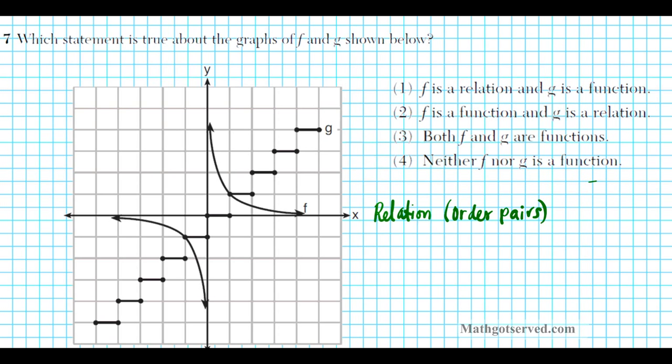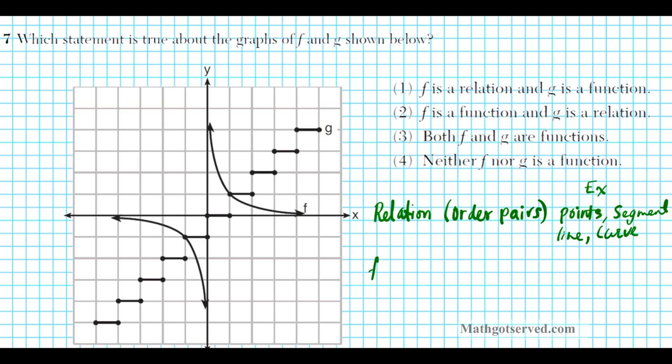Some examples of relations are a collection of points, or you could have a line, a segment. Like you have here, you have a collection of segments. It could be a line or a curve. These are relations because when you accumulate an infinite number of points, you get segments, lines, and curves.